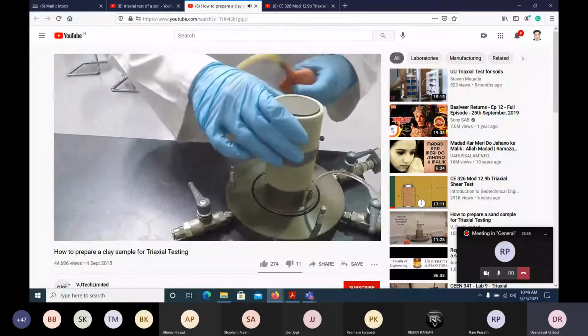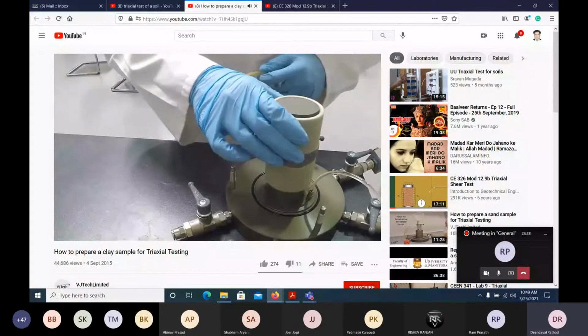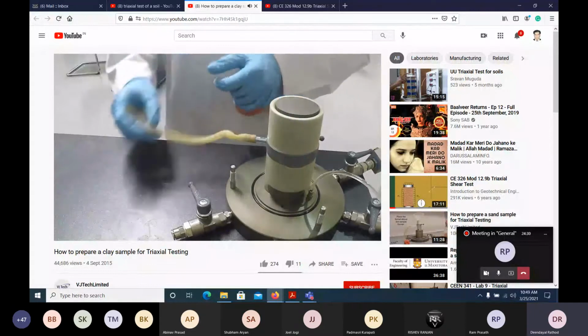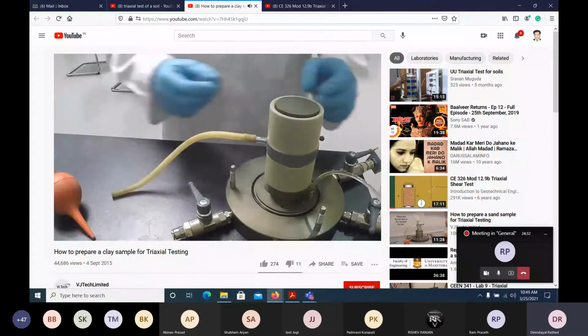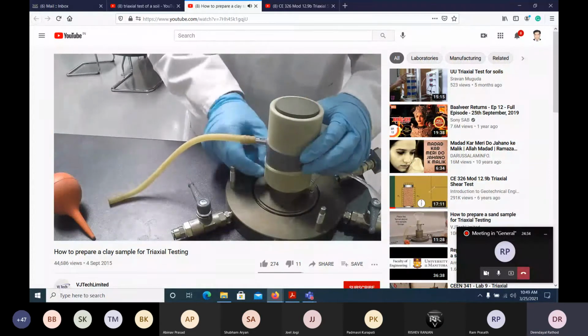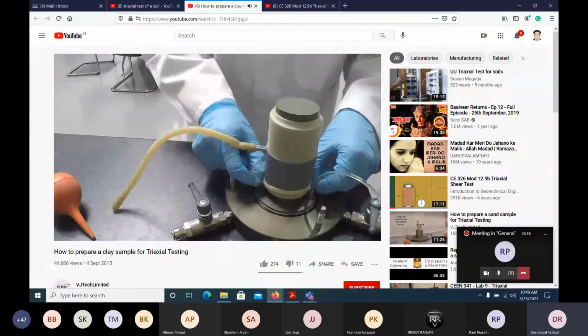Once in position, remove the suction ball to release the vacuum. Roll both ends of the membrane off the stretcher.